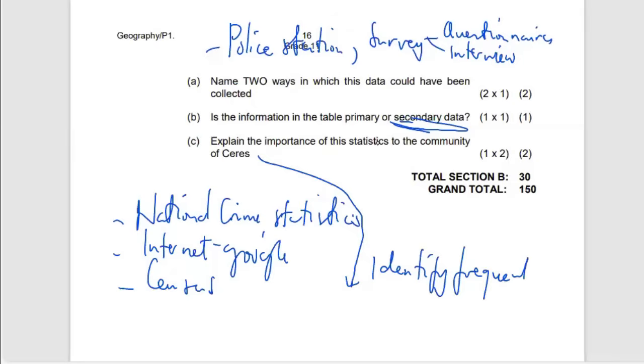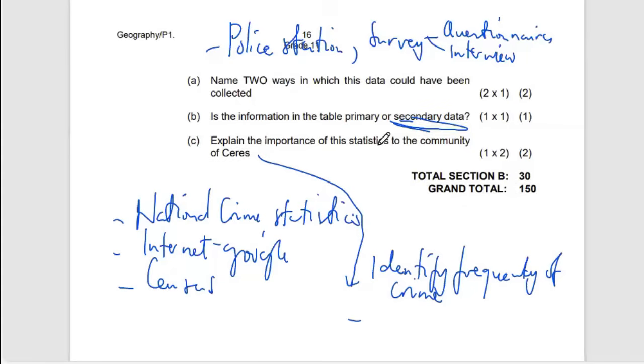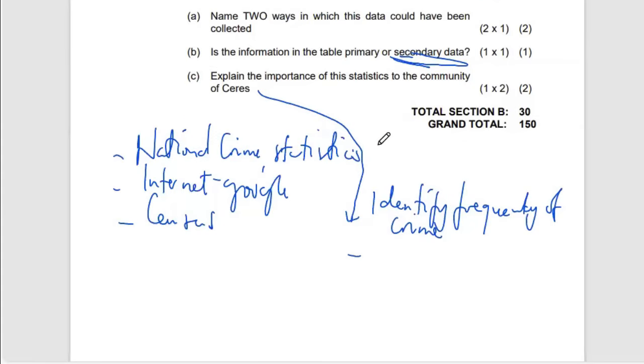We can know how frequently crime happens in the area. And also, it can assist in implementing strategies or solutions towards curbing criminal cases, to implement strategies of how to handle the criminal acts.